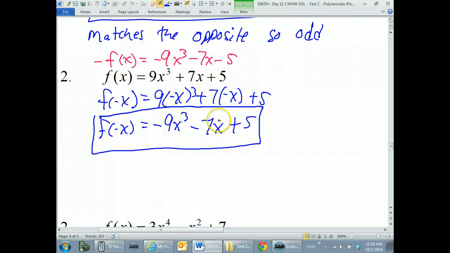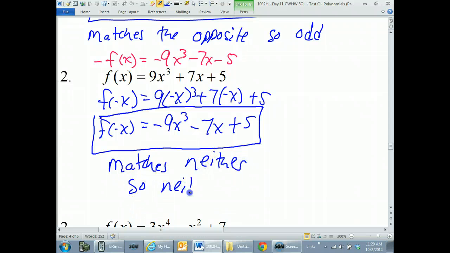No. Negative, positive, no. Does it look like the opposite function? Close. The first two terms are the same, but look, we have a positive 5 and a negative 5. So it's not quite the same. So that's why it's neither. It matches neither.